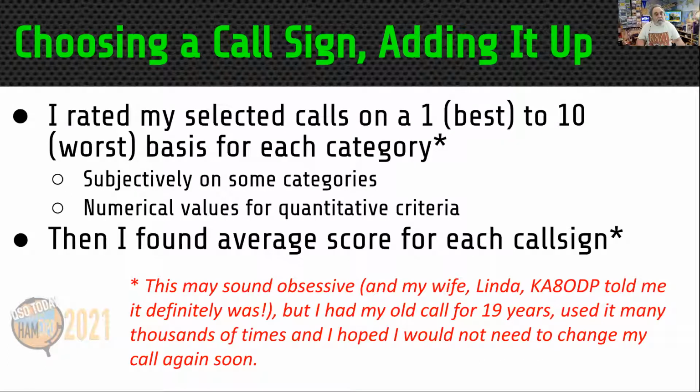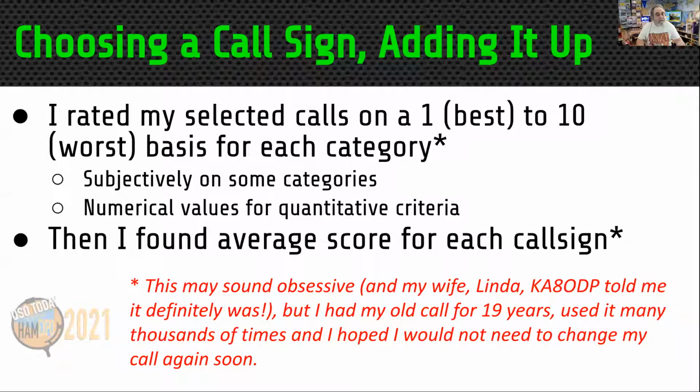So adding up the whole process, I rated my selected calls on a 1 through 10 scale, with 1 being the best, 10 being the worst for each of the different categories. Some of them are subjective. Other ones are numerical values for quantitative criteria, such as CW characters, total characters, CW weighting.